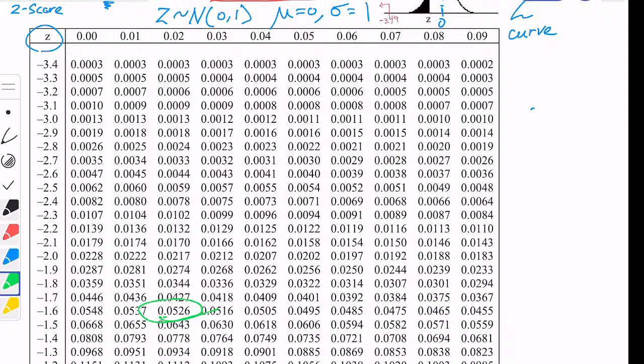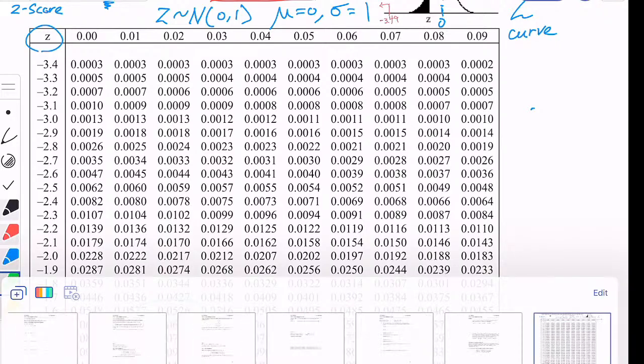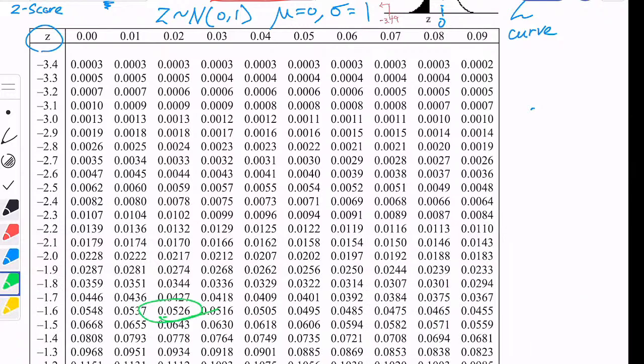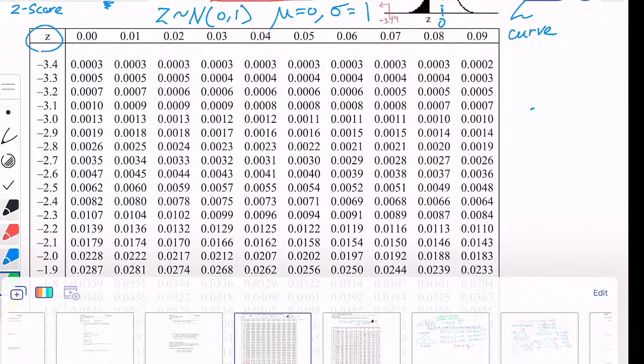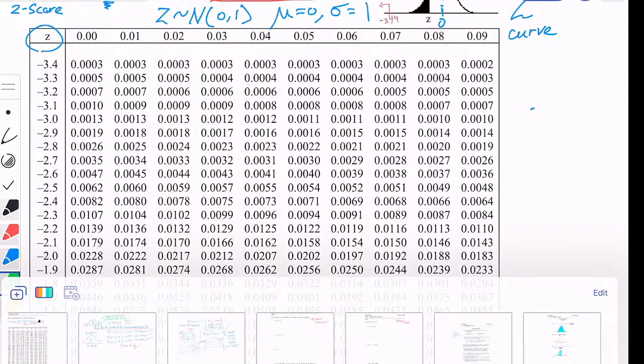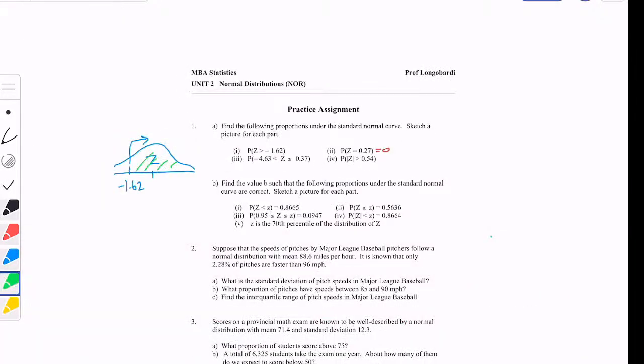So getting back to our problem, the area to the left is 0.0526. If that's the case, what is the answer?